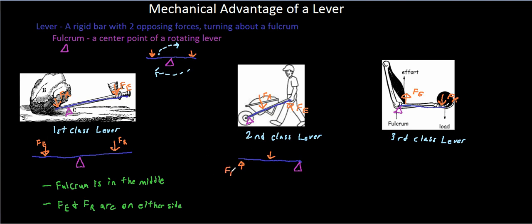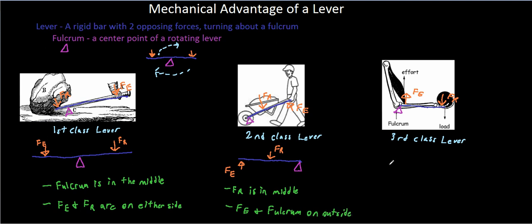FE is always on the outside in the second class lever, and the force resistance is always in the middle. So our rules are: in the second class lever, FR is in the middle, and FE and the fulcrum are on the outside.